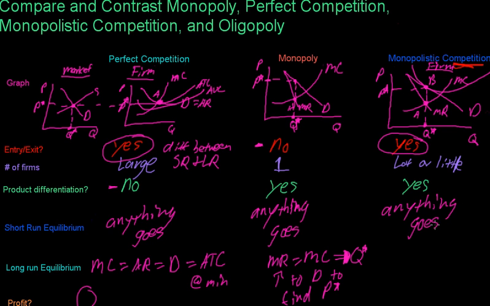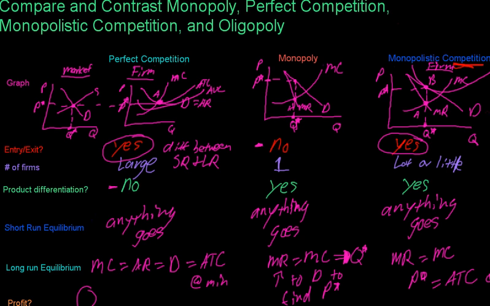Now in the long run, we know they're going to produce where marginal revenue is equal to marginal cost. And then P star is going to be equal to average total cost at the optimum quantity. So I'll write at Q star.